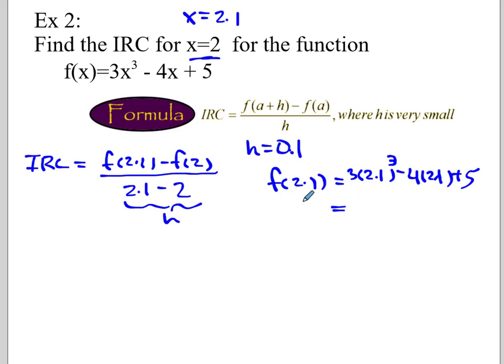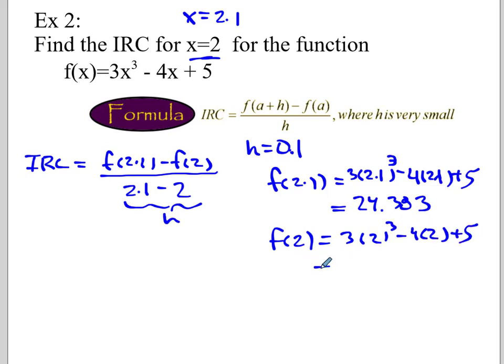Definitely have to calculate that one. 24.383, and it's always a good idea to keep a couple decimal places until your final answer, just to see how things pan out. So again, 3 times 2 cubed minus 4 times 2 plus 5. So 2, 4, 8, 24 minus 8 plus 5. So 16, 21.